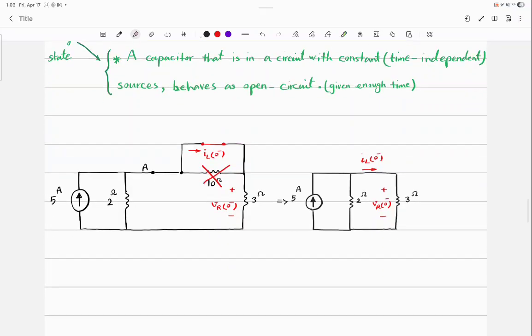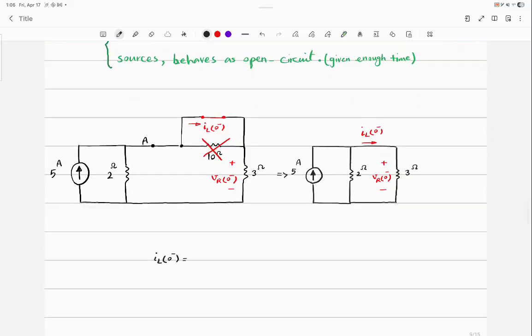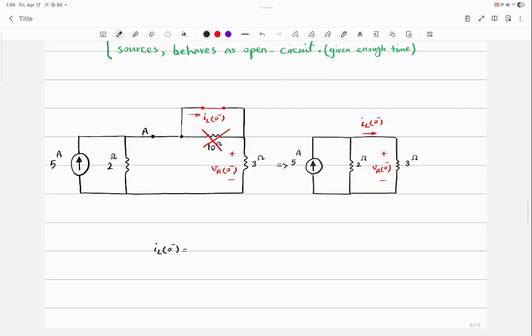So first of all, I have to calculate IL0 negative. What's the value? Current division. If you're using anything else, no, I never said that. He said that, remember. But if you're using anything else, you're wasting time. Okay? Which means you're stupid.